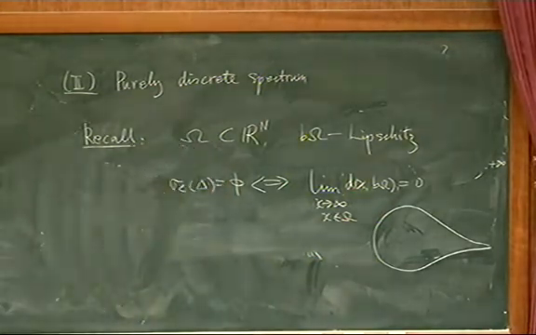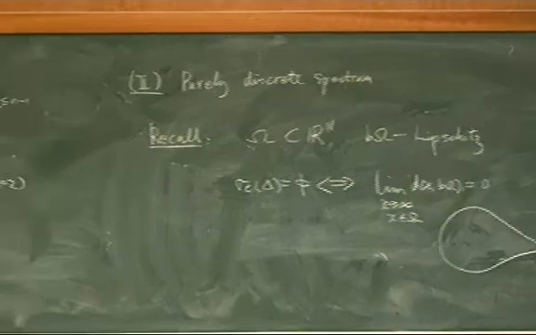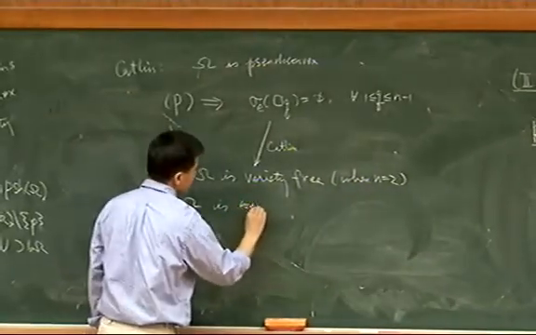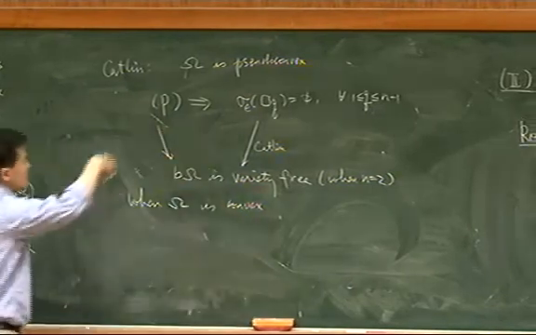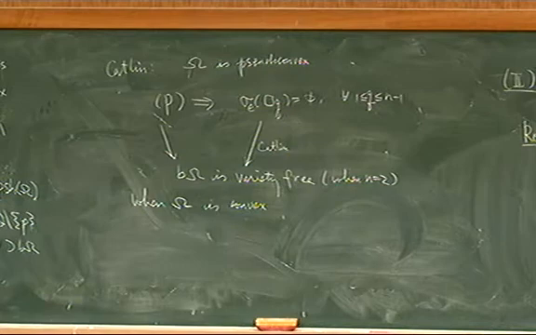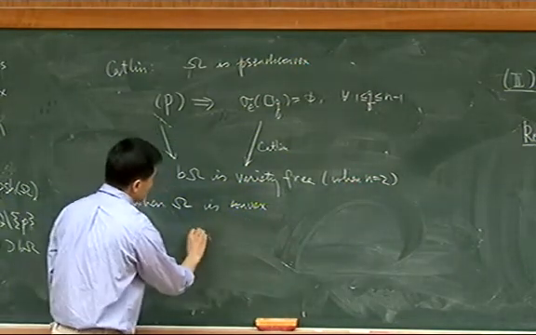Okay. So when omega is convex, the situation becomes much simpler in the sense that we have this characterization.